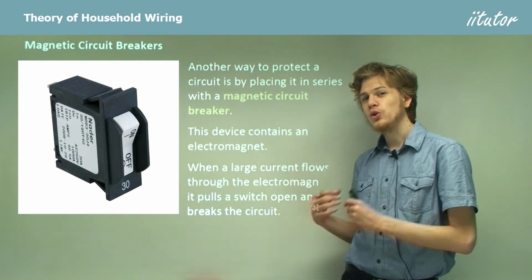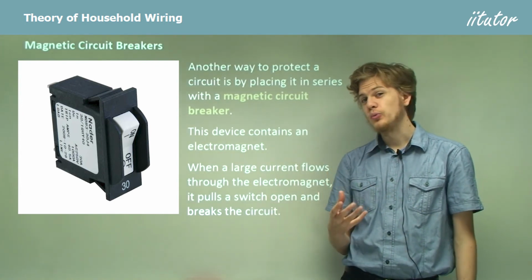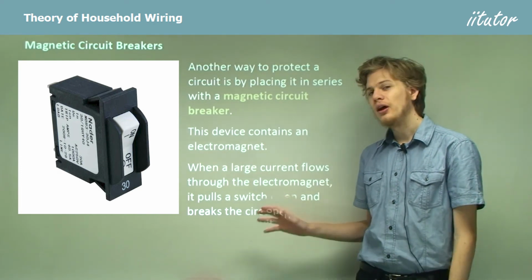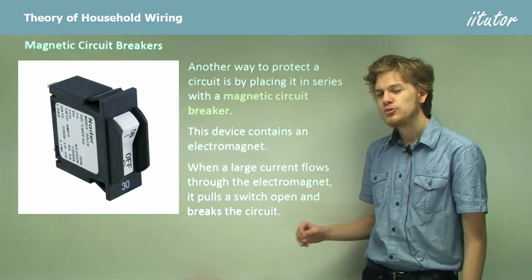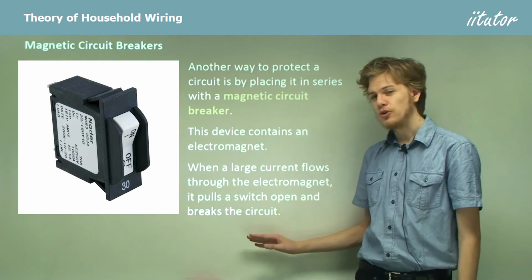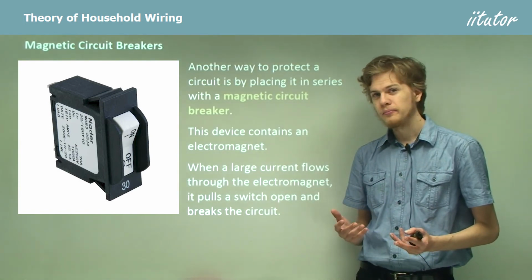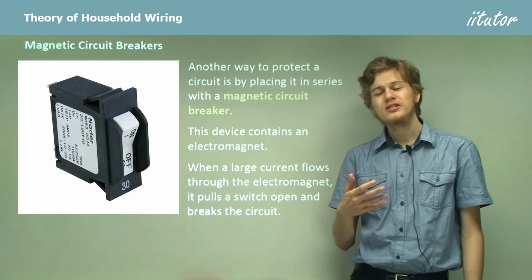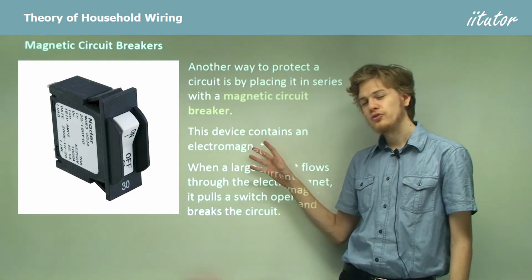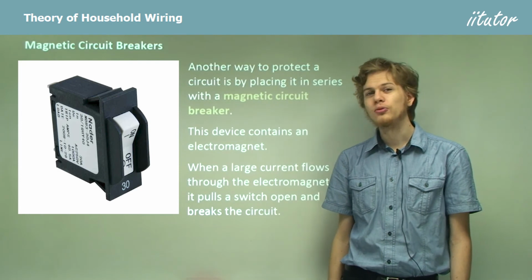Now, the electromagnet will only get strong enough to pull the switch open when there's a very large current flowing through it. So a large enough current will activate the circuit breaker and cause the current to switch off. Of course, all we have to do is reset the switch in order to reset the circuit breaker, so they're reusable devices.